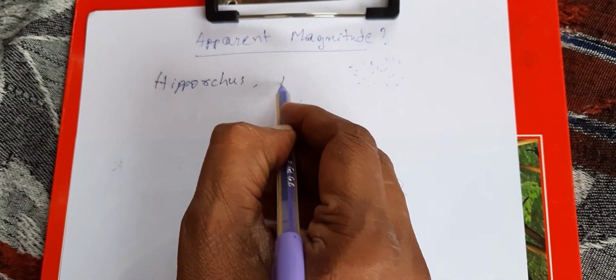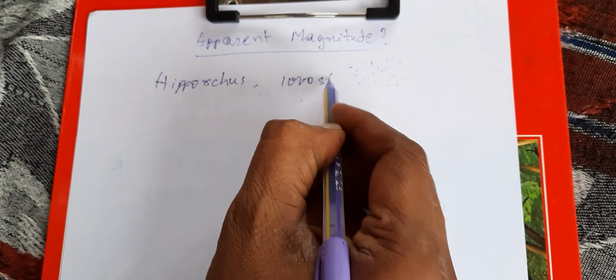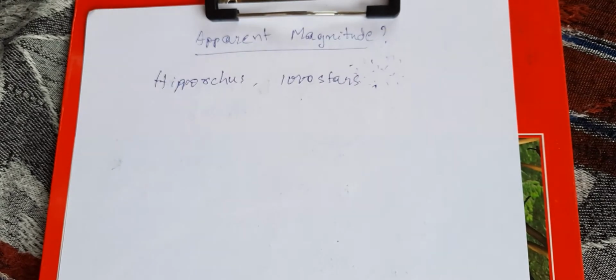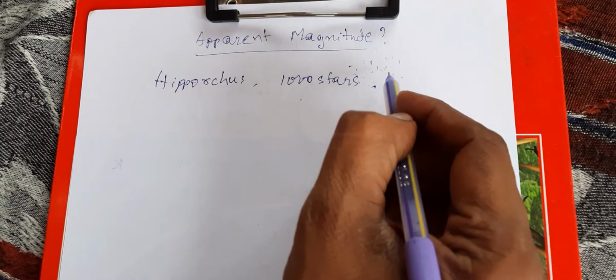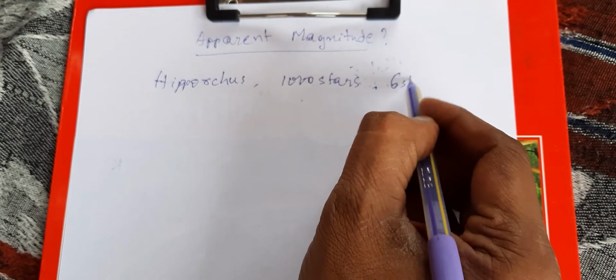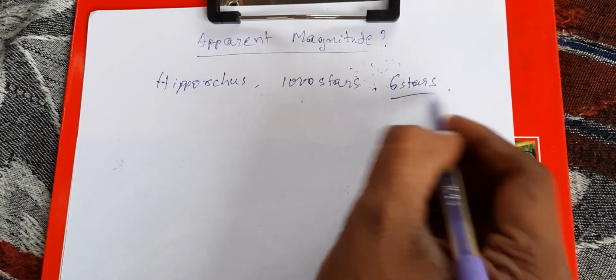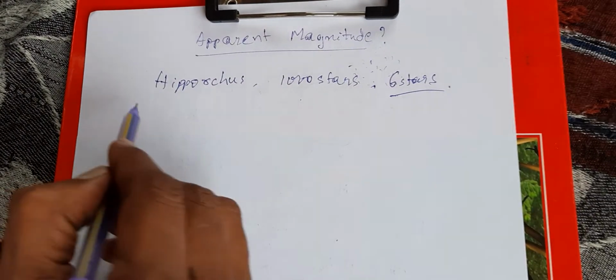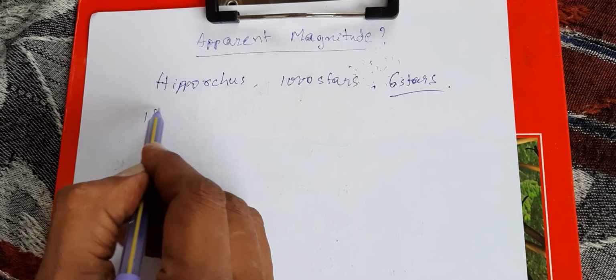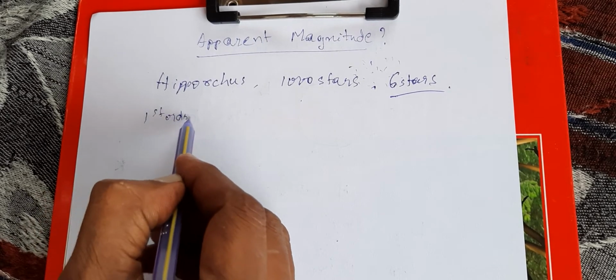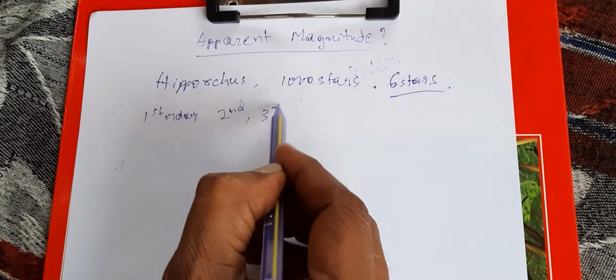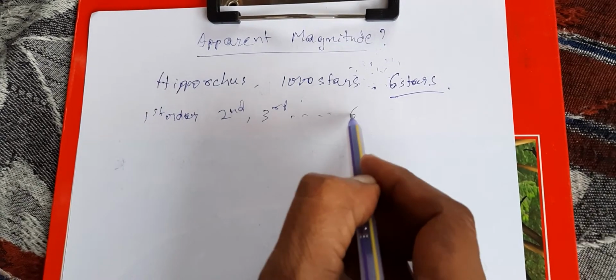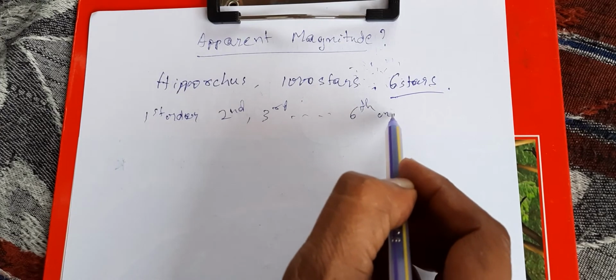He classified about 1,000 stars into different categories. He made 6 groups of the stars depending upon their brightness. He called them first order stars, second order stars, third order stars, like that, sixth order stars.